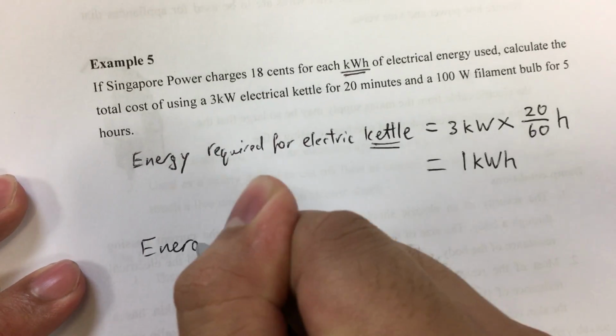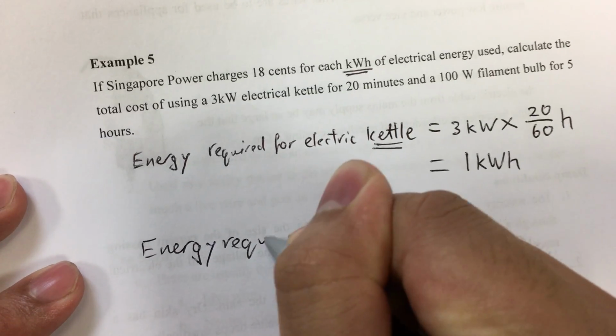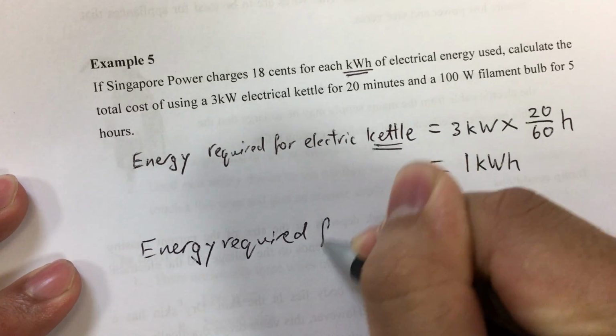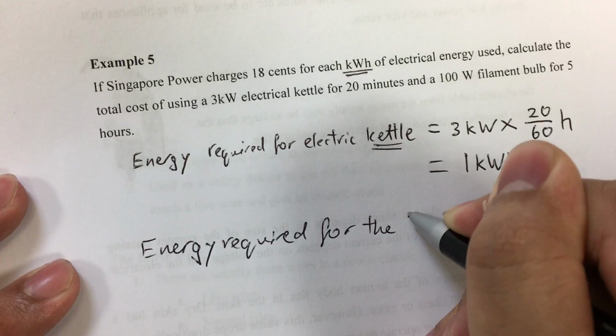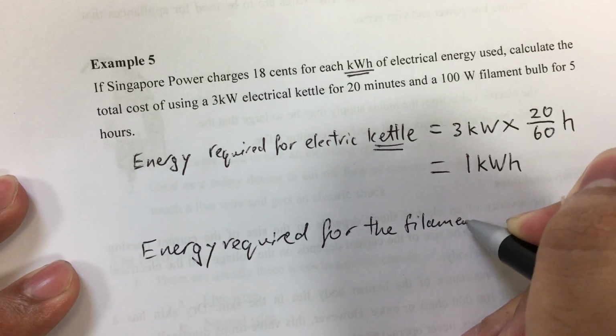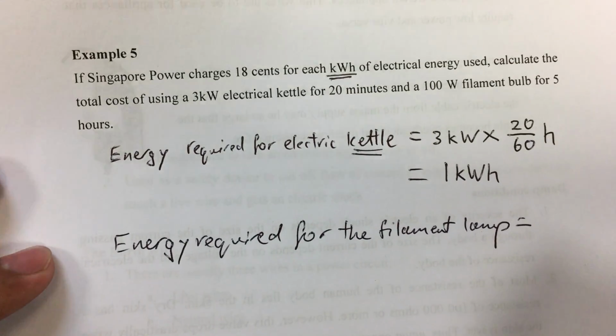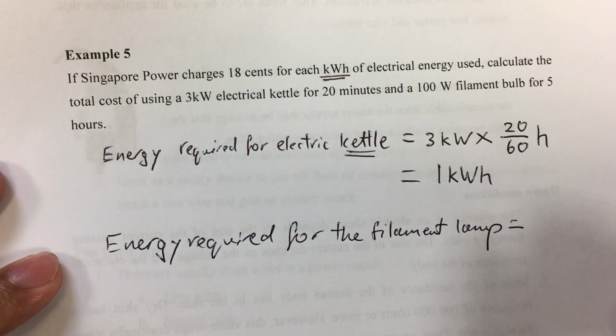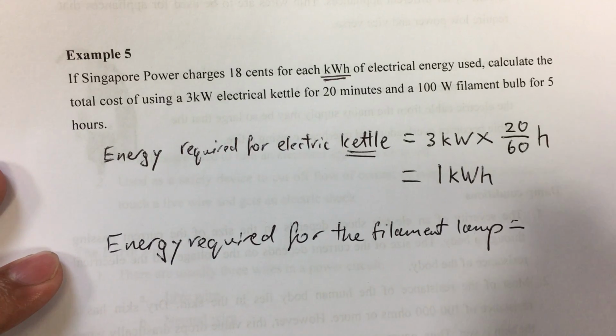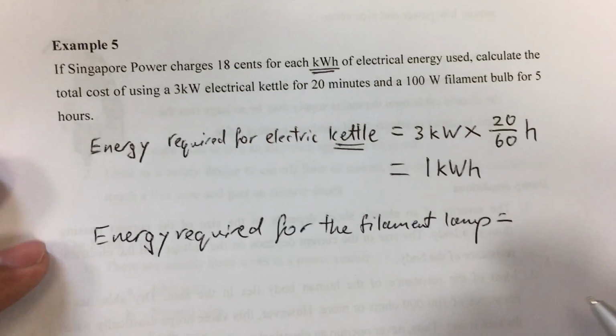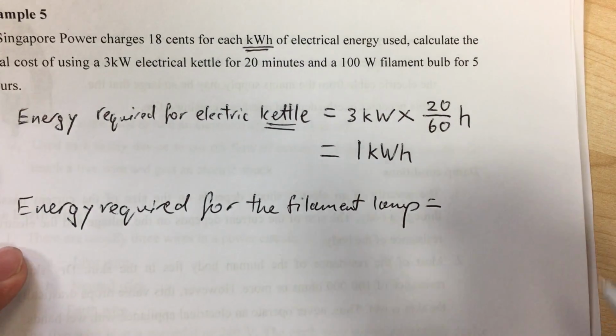Energy required for the filament lamp. Go and try it now. See whether you can get the same answer as mine. For those who have tried it, well done. Double check your value with mine.